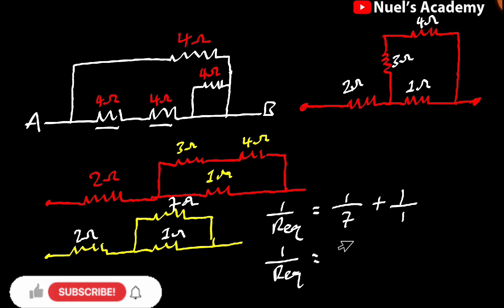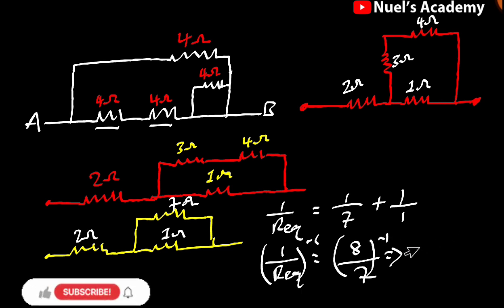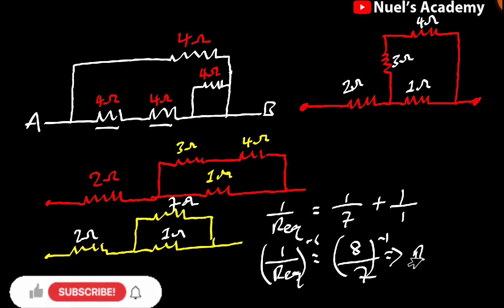So 7 plus 1 is 8 over 7. Now, let's take the inverse of both sides. Then the equivalent resistance for these two is going to be equals to 7 over 8.